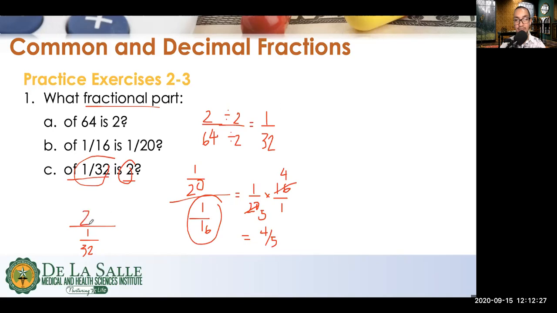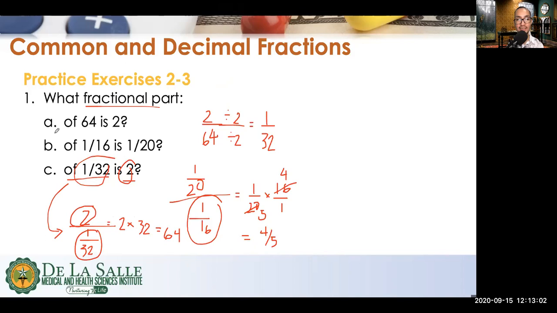So remember na if this is how your expression is written, this is how you're going to interpret it. 2 is what fractional part of 1 over 32. Just like what we did before, we will multiply 2 by the inverse of 1 over 32. So that's 32 over 1, or simply 32. So the answer is actually a larger number, 64. Medyo weird lang.